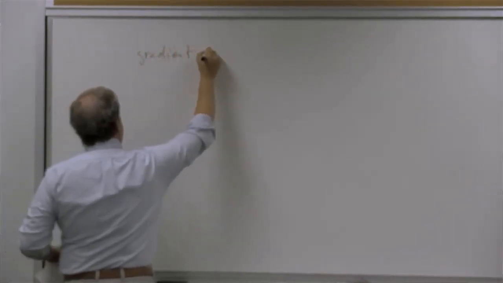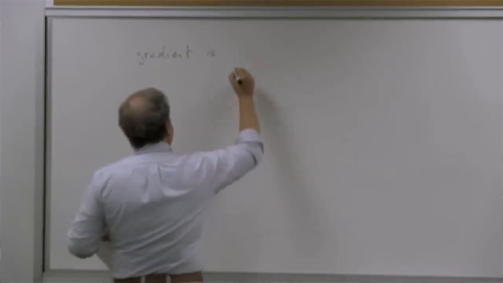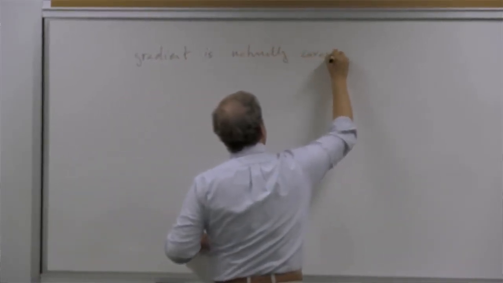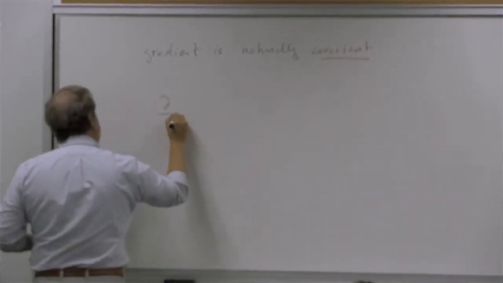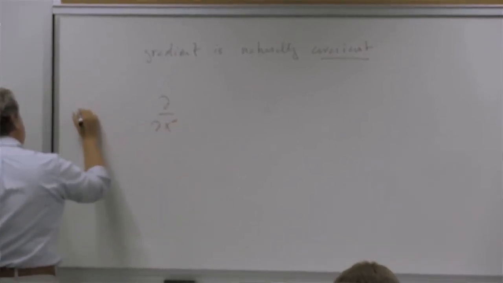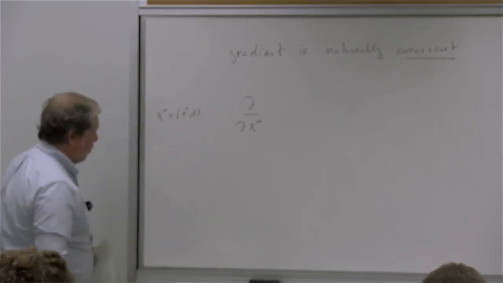And the gradient is naturally covariant. Covariant because if we take d by dx alpha, now remember, when you have the index up, this is x and t, right? So it's a natural object.